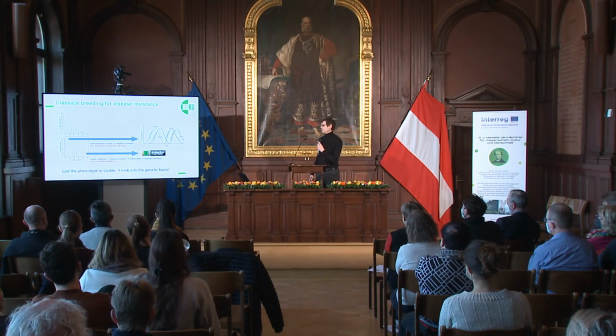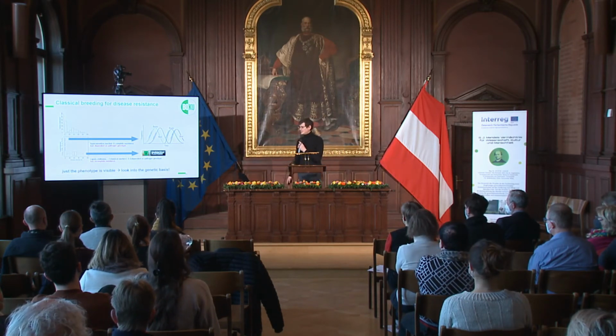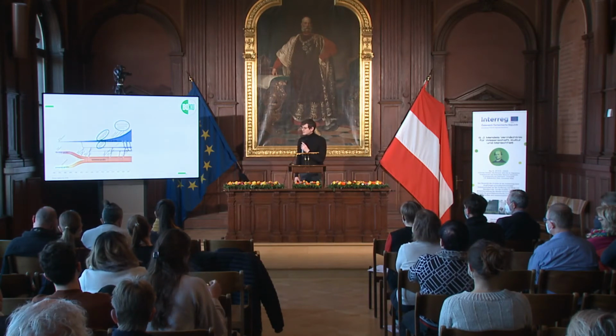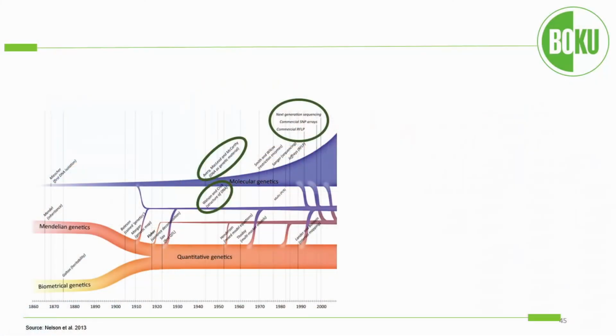To do this, of course, we have to look into the genetic basis behind this resistance. And it's basically the other branch we see here. It's not the quantitative genetics, but the molecular side of genetics. And in the last 200 years, quite some progress was made there, from knowing the structure of the DNA, to molecular markers in the 1980s or so, and nowadays we have SNP arrays.